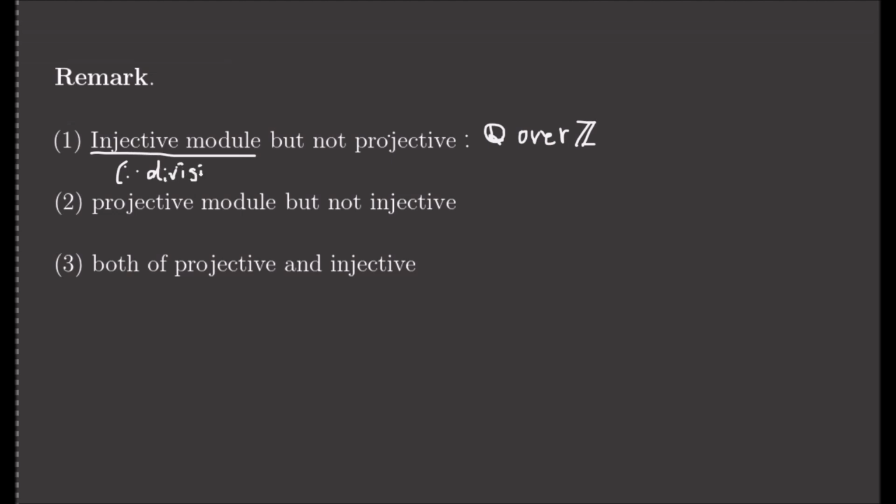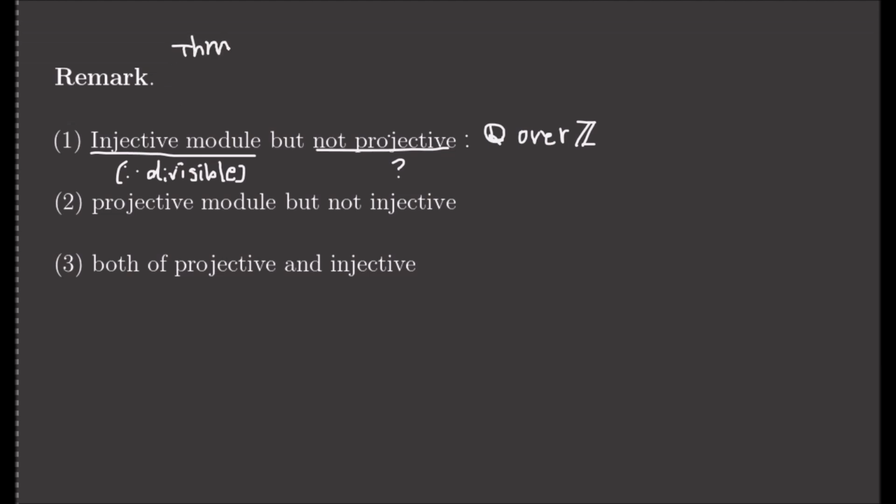Every divisible abelian group is, if and only if, an injective Z-module. But unfortunately, this is not projective. Why? There are some methods to prove this directly, but I use an alternative. I introduce a theorem which is applied to this.